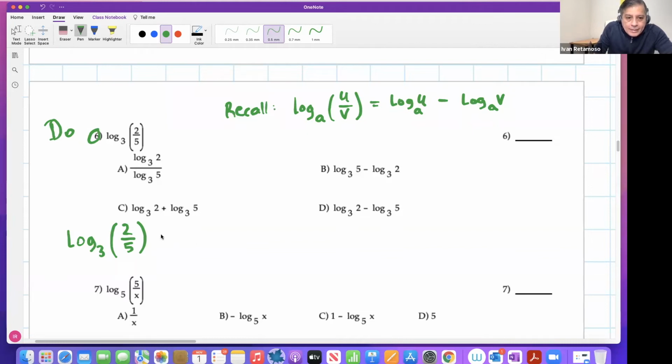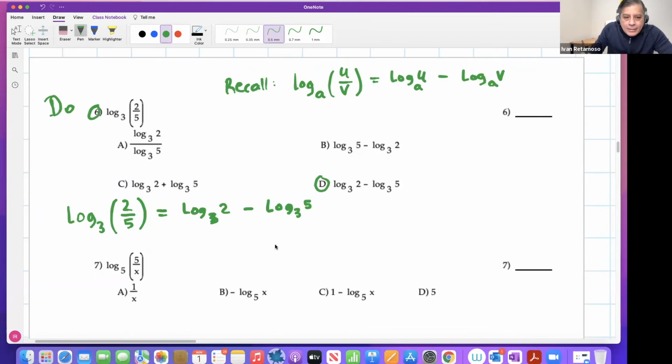So this has to be log base 3 of 2 minus log base 3 of 5. And in this particular example, it is not possible to simplify any further. So then you just go ahead and choose this guy.